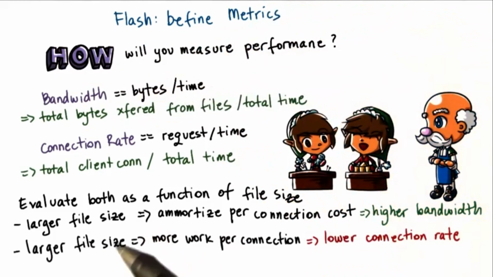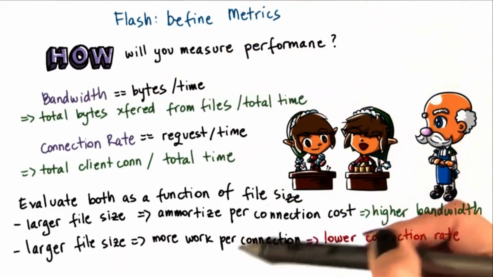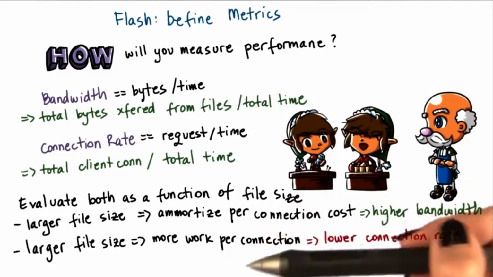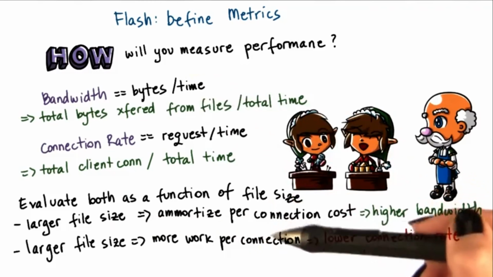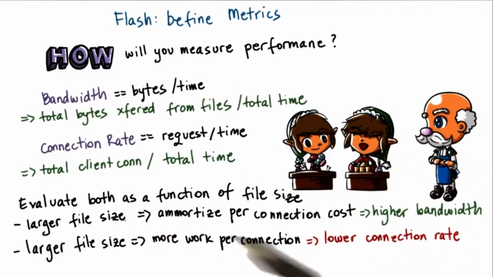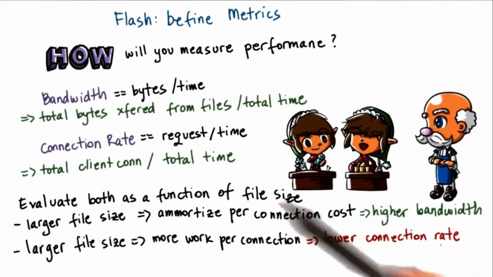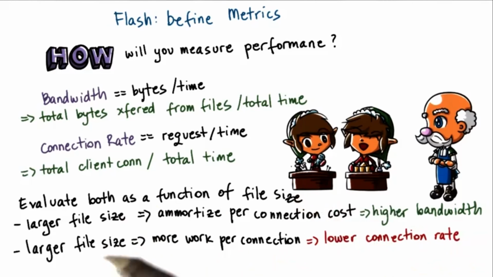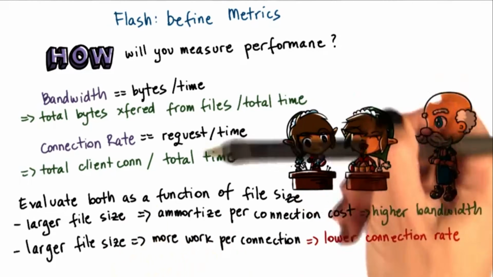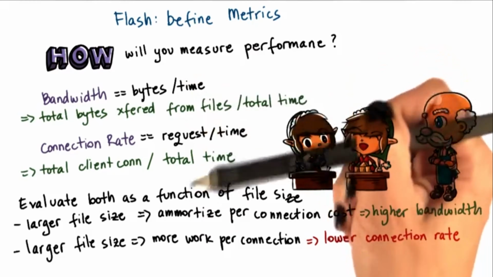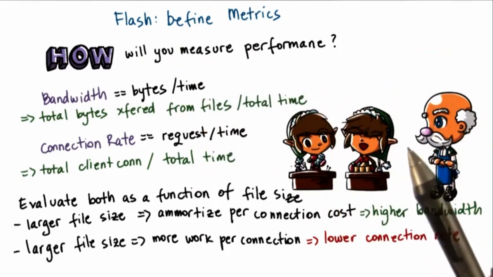However, at the same time, the larger the file, the more work the server will have to do for each connection, because it will have to read and send out more bytes from that larger file. So that will potentially negatively impact the connection rate. This is why they chose file size as a useful parameter to vary and then understand its impact on these metrics for the different implementations.